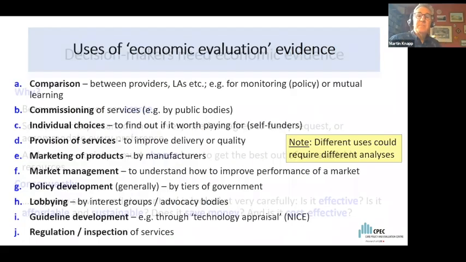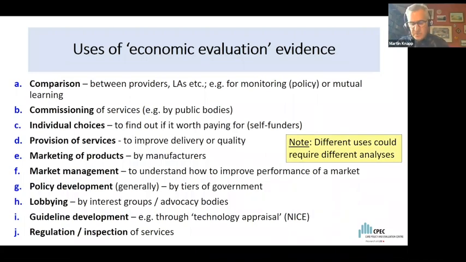So this is a very busy slide coming up here, and I put on here many of the uses of what I could call economics evidence or economic evaluation evidence. And I put in that little yellow box on the right-hand side the point of emphasis that different uses of economic evidence may require different types of analysis.